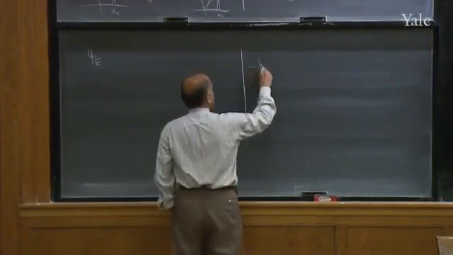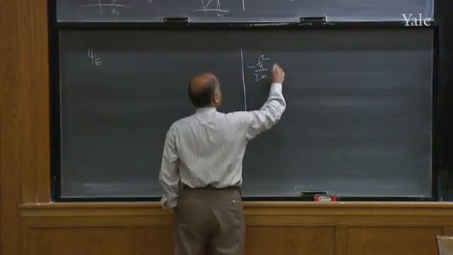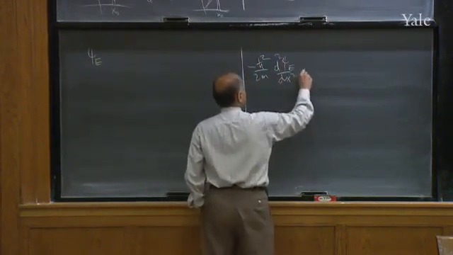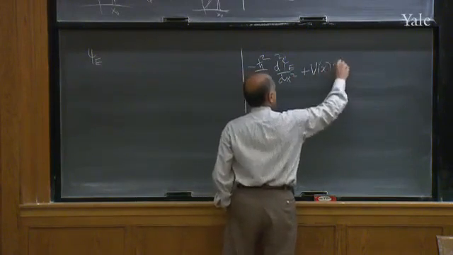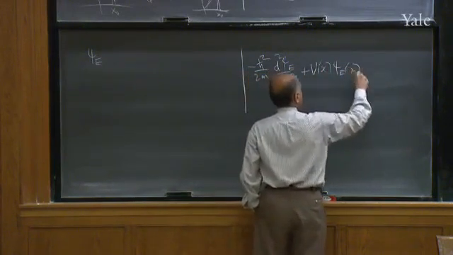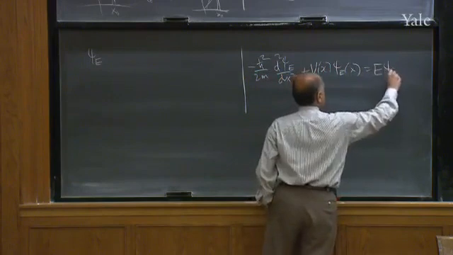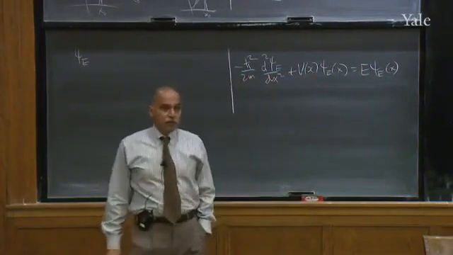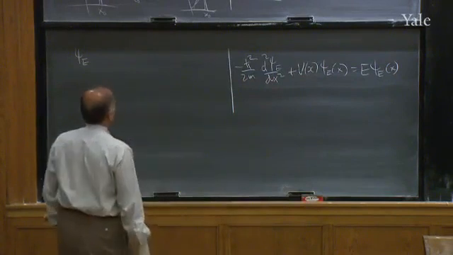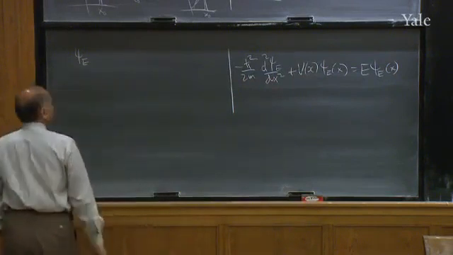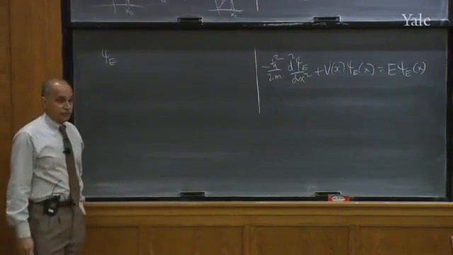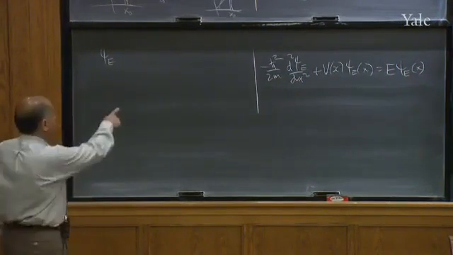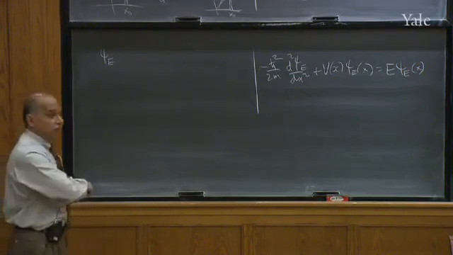That equation is minus h bar squared over 2m d2 psi e over dx squared plus v of x psi e of x is e times psi e of x. But I'm trying to tell you that I'm not going to elevate this to a postulate, because I think one of you noticed already something very familiar about this equation.